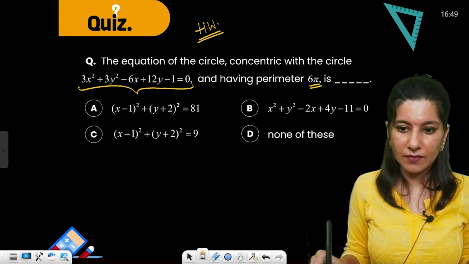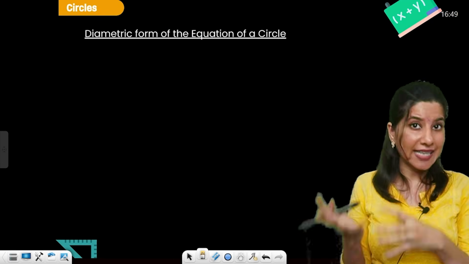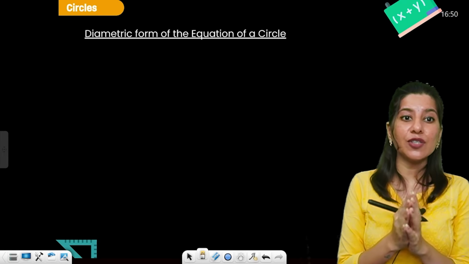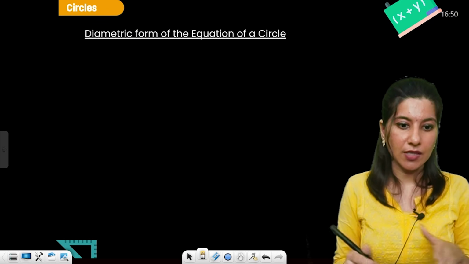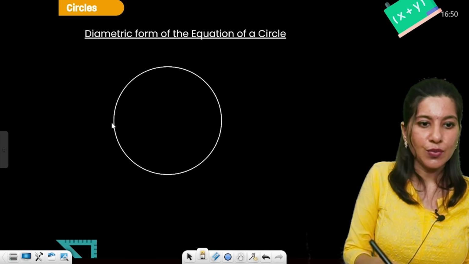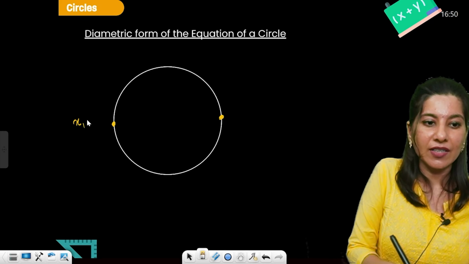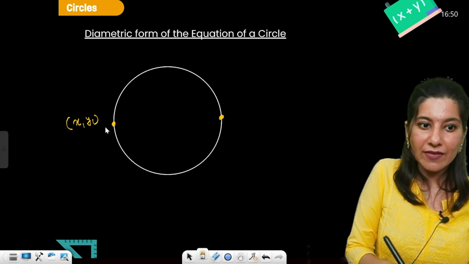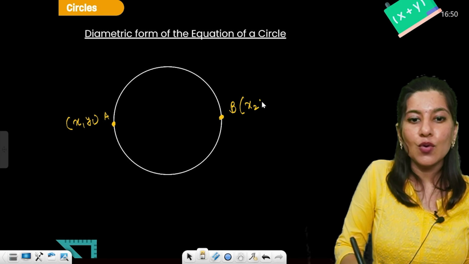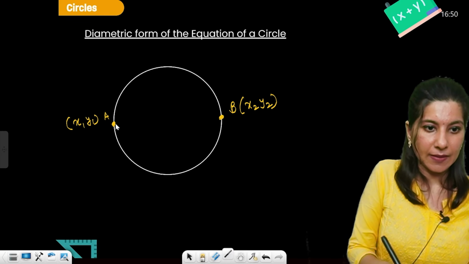Okay. All right. Now we are heading towards another segment wherein we will talk about the diametric form of the equation of a circle. What is diametric form? Understand. Suppose a circle is given to you and the two endpoints of the diameter are given. (x1, y1) is the first endpoint and (x2, y2) is the second.